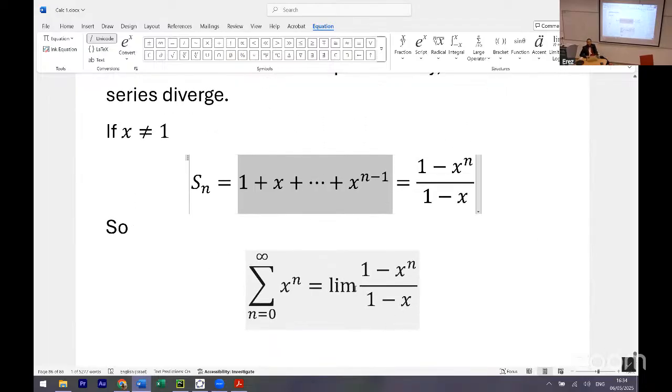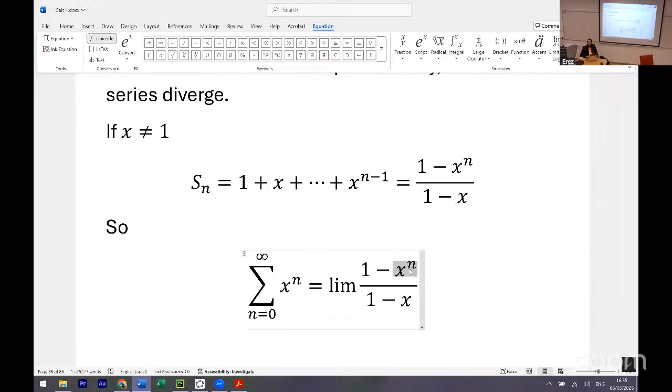What is the limit here? n goes to infinity, right? x is just a parameter. So 1 is 1, and 1 minus x is 1 minus x. The whole thing is x to the n. What is the limit of x to the power of n?